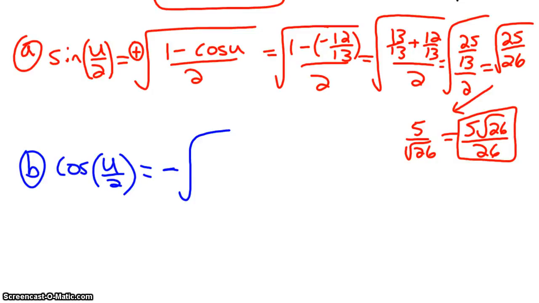So what I have is this big long form again, the square root of 1 plus, this time, cosine u all over 2.